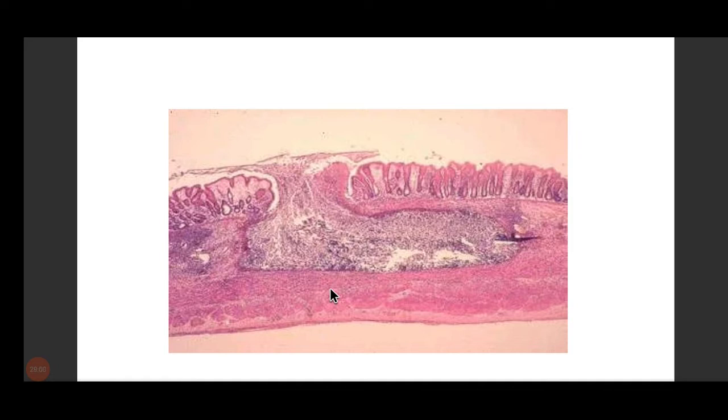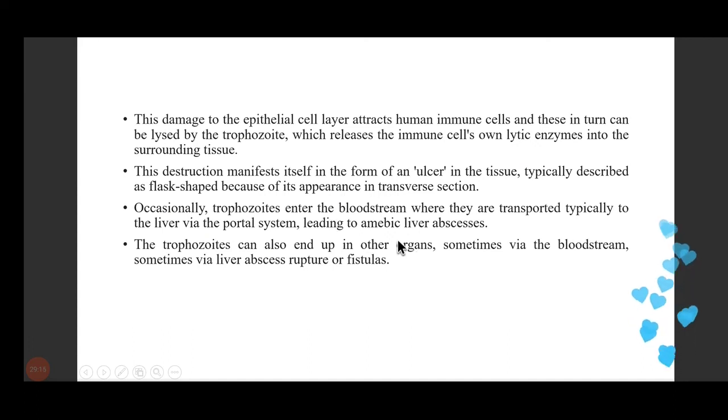Hello? Hello? Since nobody is answering, this is flask-shaped ulcers.